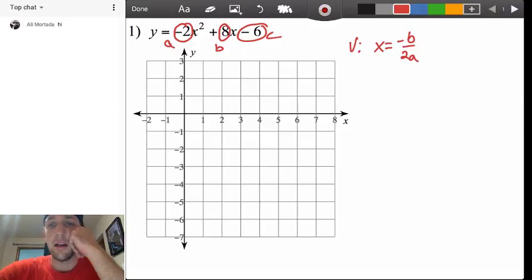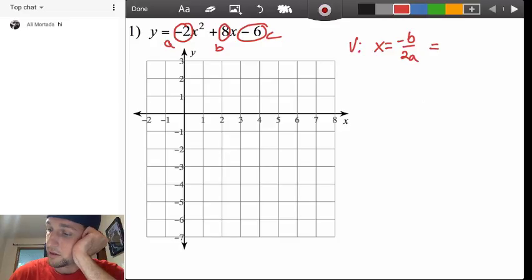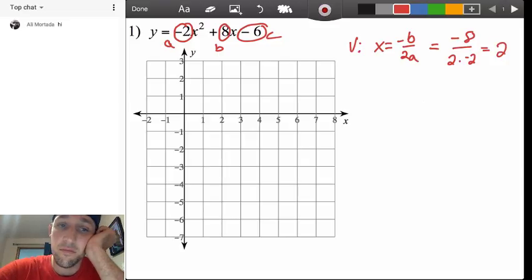So I'm going to do negative b over 2a. In this case, that would be negative 8 over 2 times negative 2. That is a 2, right? Okay, so my x value of the vertex is 2.